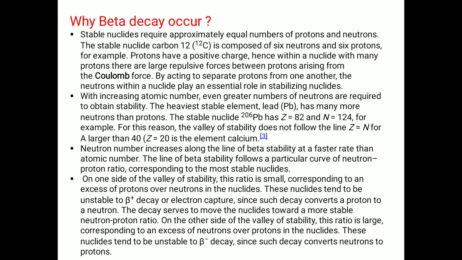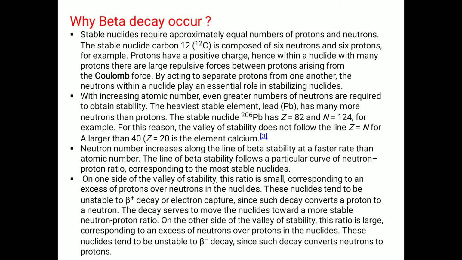Means as Z equal to 82 is a very large number, there should be a very strong Coulomb repulsive force, and that force is trying to separate the protons in that nuclide. Now, to control that Coulomb repulsive force, we have to increase the neutron number, and that's why here the neutron number is very much greater than the proton number.